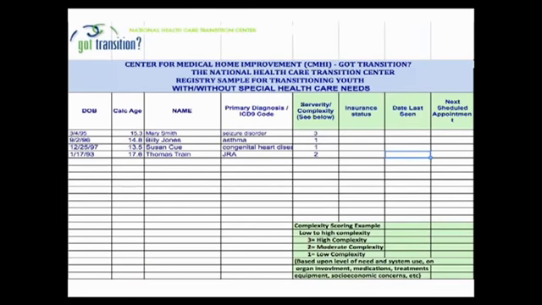So this is an example of what a registry might look like. And you can see it's basically a spreadsheet. There's nothing that's rocket science about it at all, but it does have protected patient information on it. So practices need to make sure that this meets requirements for patient confidentiality as well as HIPAA requirements.